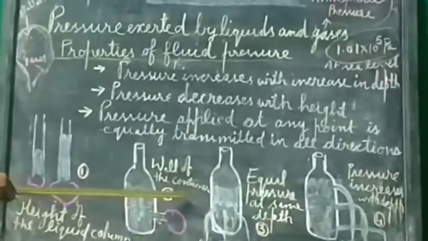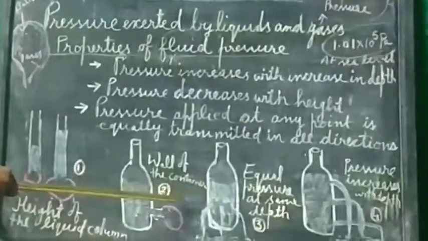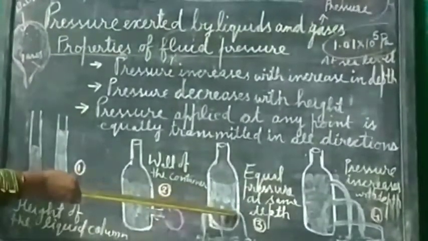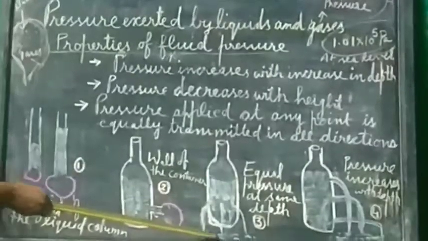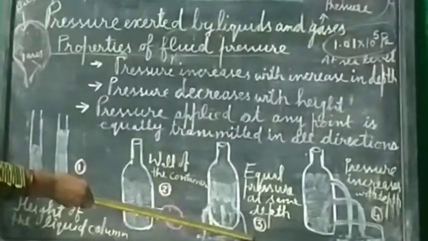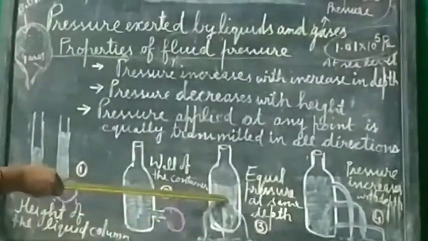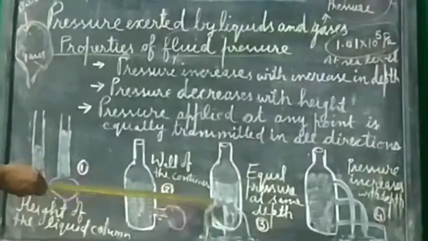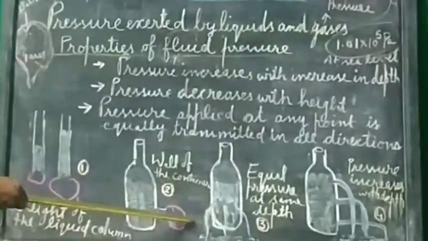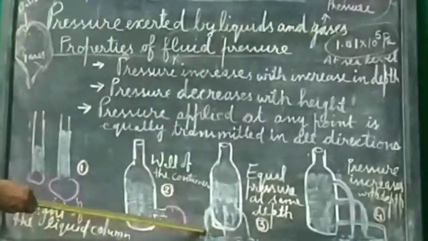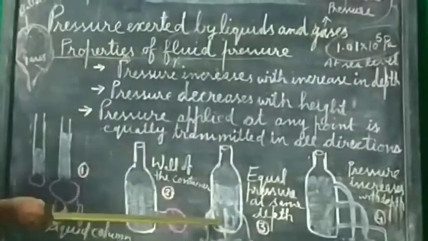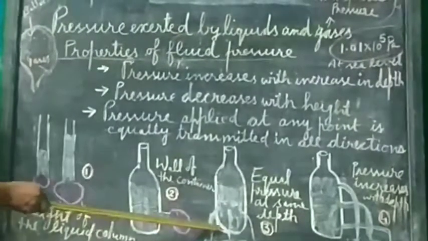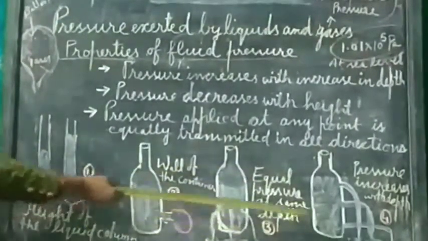You will observe that water comes out from all the holes with the same force and falls at the same distance. I think this activity shows that the liquid exerts the same pressure in all directions at a given depth. I think this concept is clear. Now you can see the 4th activity.